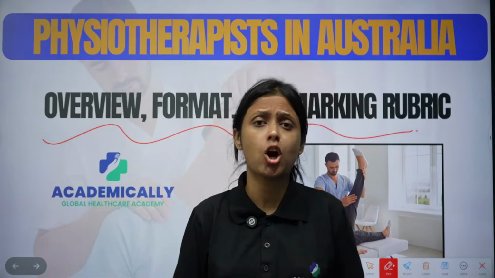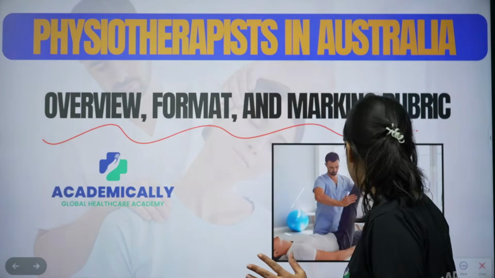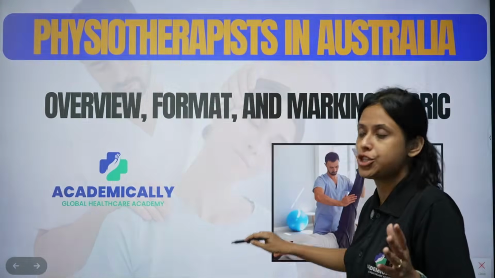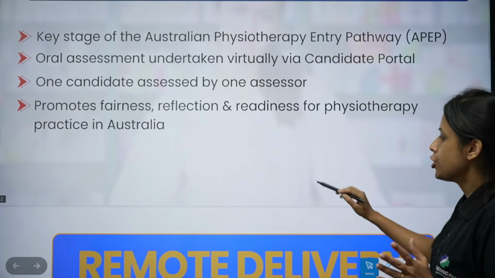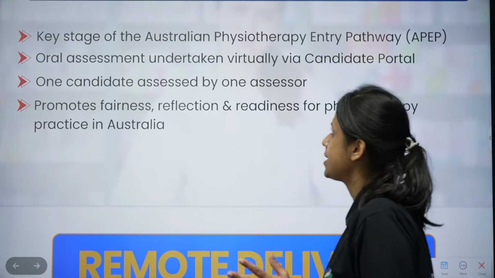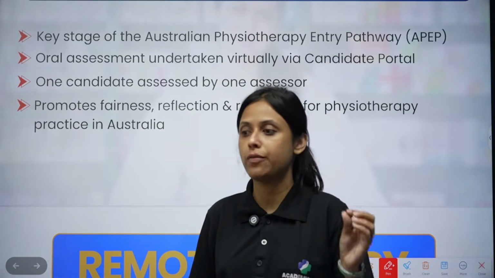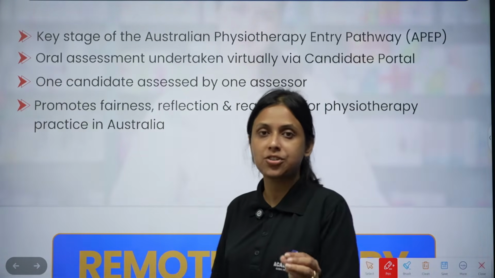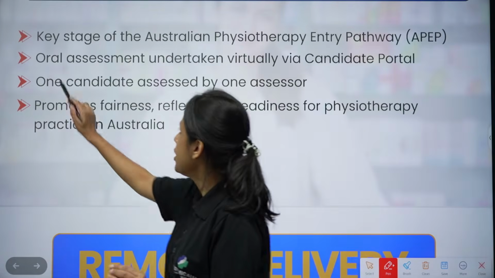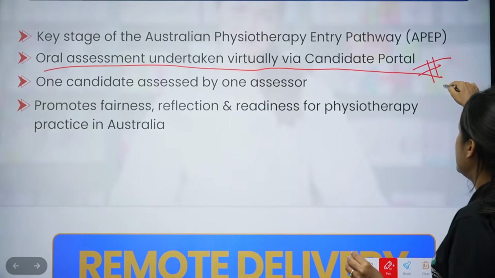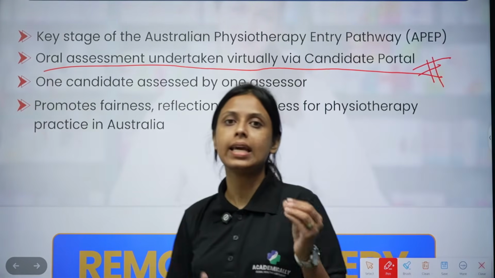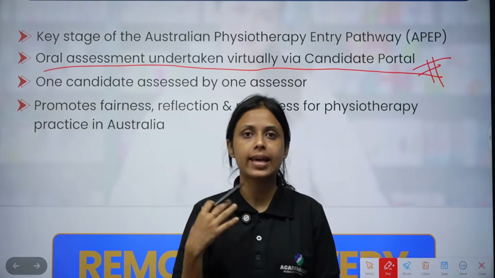So let's come back to our topic. We will talk about the capability assessment, the new addition to this pathway. What is the capability assessment? It is one of the key stages of the new Australian physiotherapy entry pathway. It is an oral assessment undertaken virtually via the candidate portal. It's very important. Basically, it's like an interview.